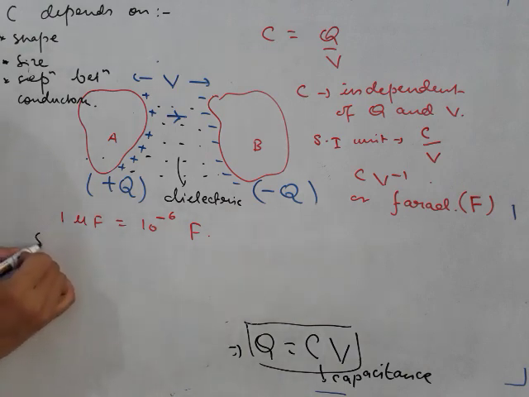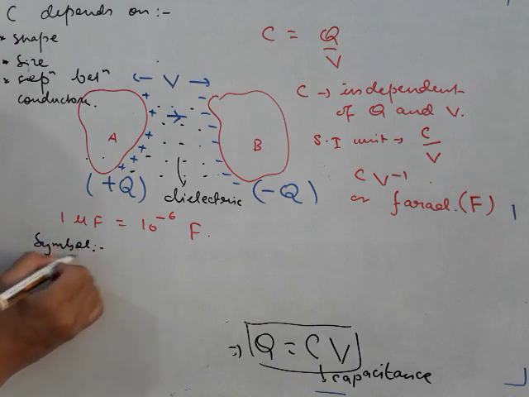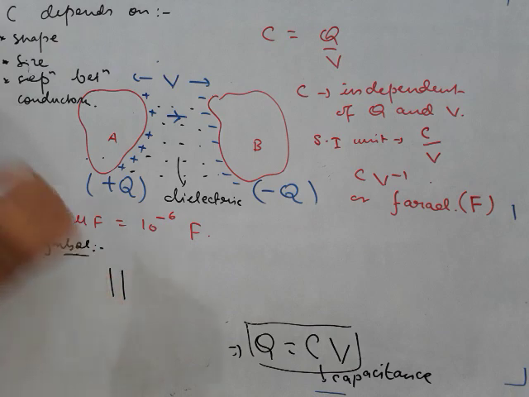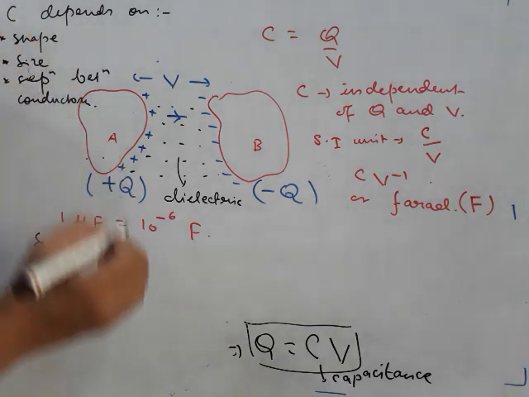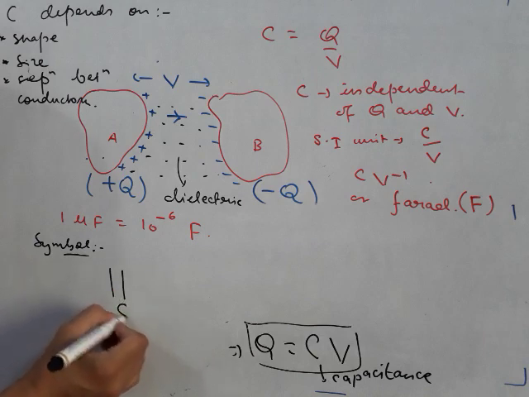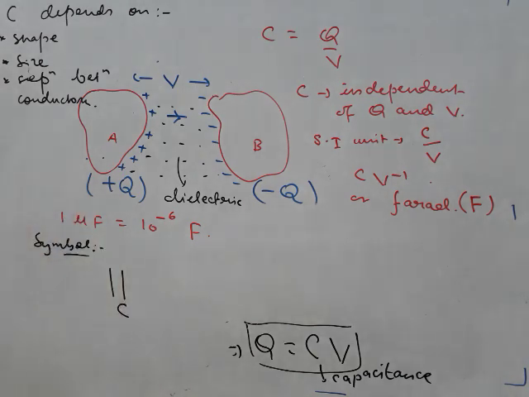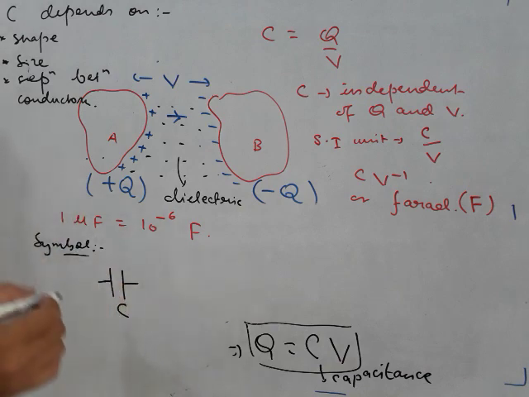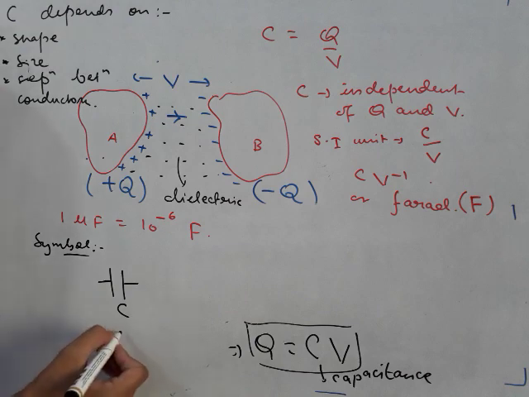Then we have the symbol for a capacitor. A capacitor is usually represented by a symbol like so. We have two parallel lines. We denote its capacitance by C like this. So this is the symbol for a capacitor. If this capacitor has variable capacitance, then we indicate that by putting an arrow like so.